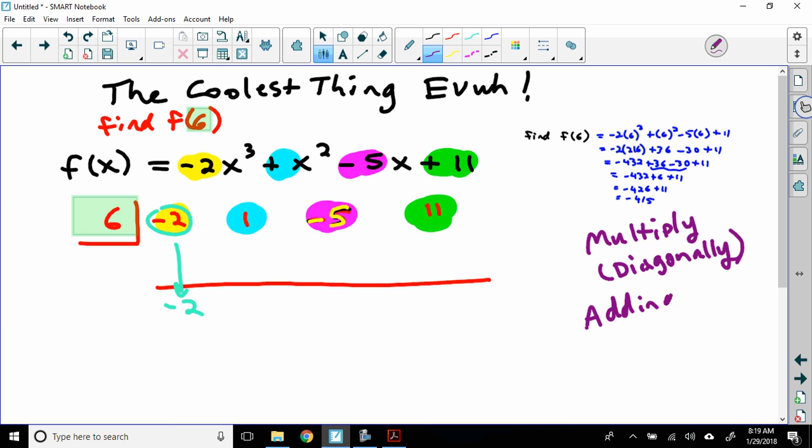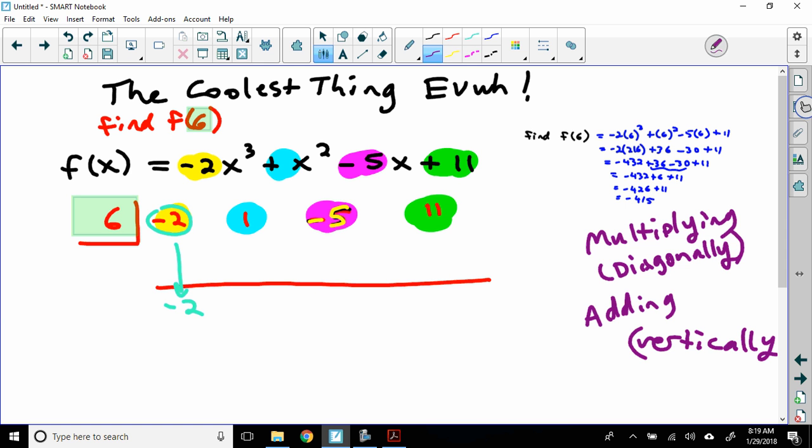So we're going to be multiplying diagonally and adding vertically. Oh my gosh, smartboard, work with me. I better write it over here. We're going to be adding vertically. Okay.